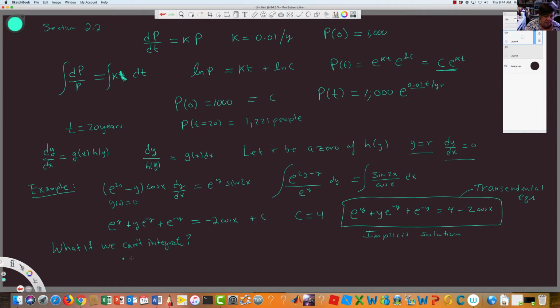One, use a computer to numerically integrate. Okay, sure. But you can also define an integral equation, and that's what we're going to look at next, because it's often nice to have the thing in that form.